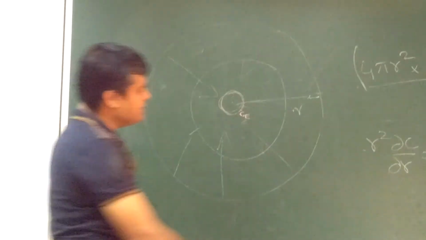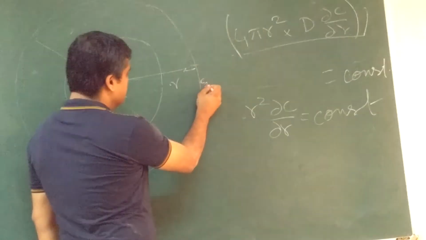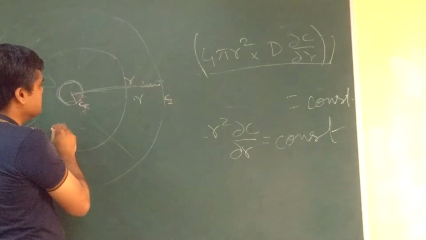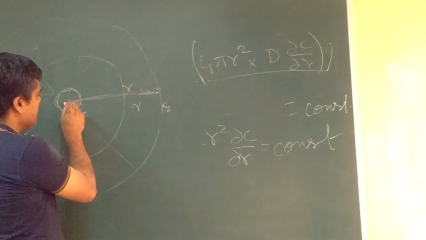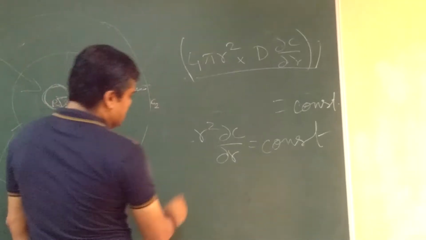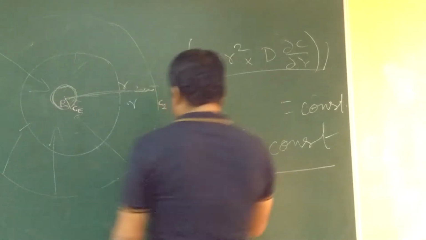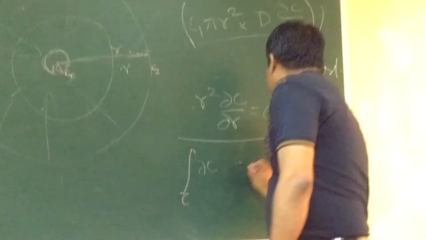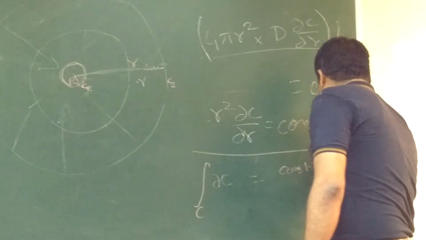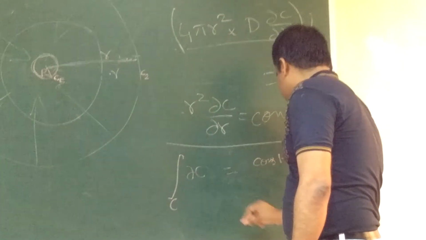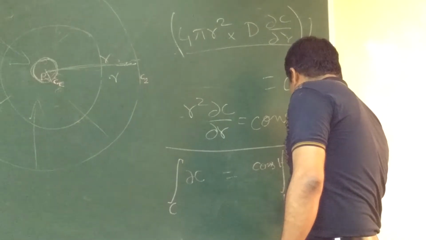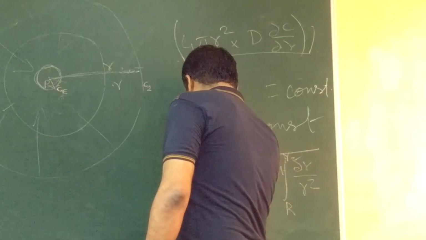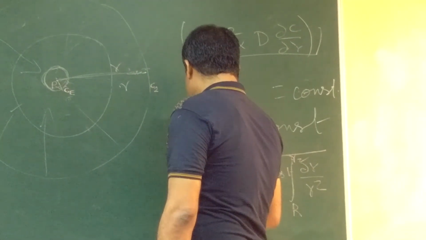And somewhere here, say composition is C2 and this radius is R2, and this radius is R. Then if I have this equation, I can write del C equal to constant times del R over R square and integrate it, from R and CE to some concentration C.